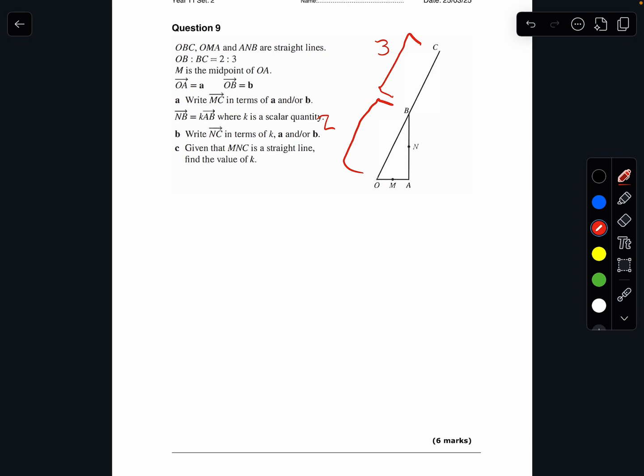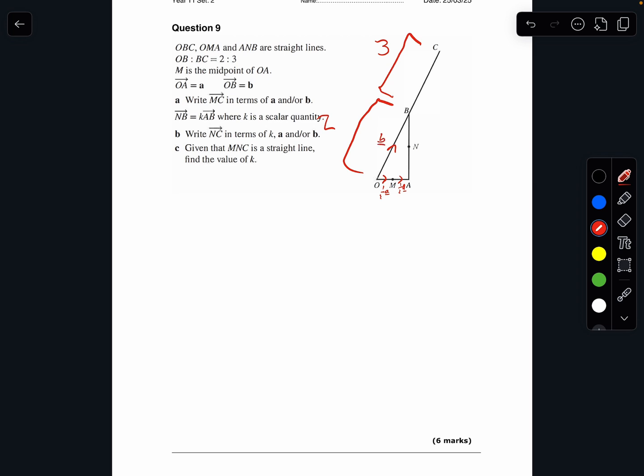That tells me that the whole thing, like O to B, is 2/5. M is the midpoint of OA, that makes sense. So if this is the midpoint, then O to M is going to have to be a half A, and M to A is also going to be a half A. I'm going to put both of them on. If you just want to put A on, that's fine as well. O to B is B.